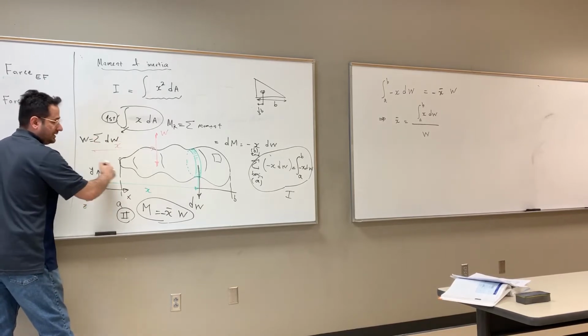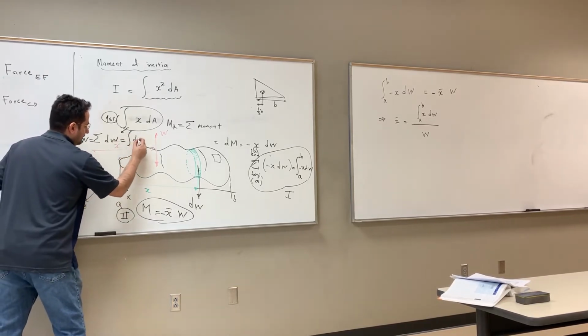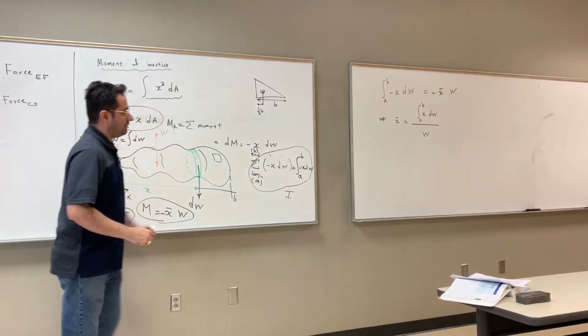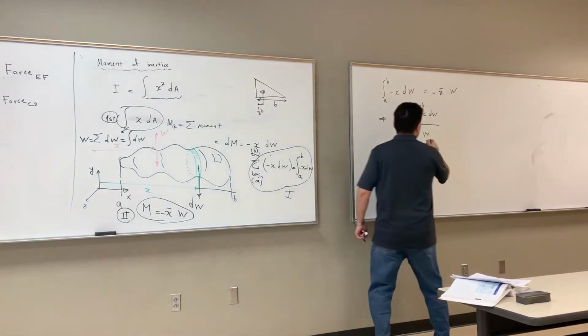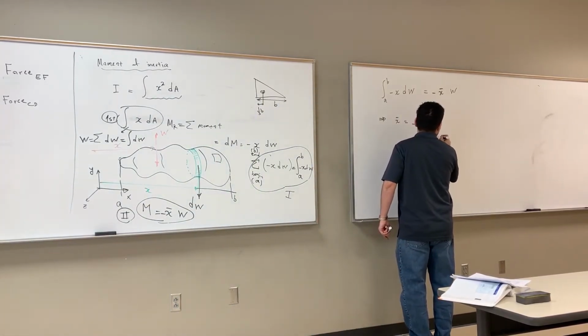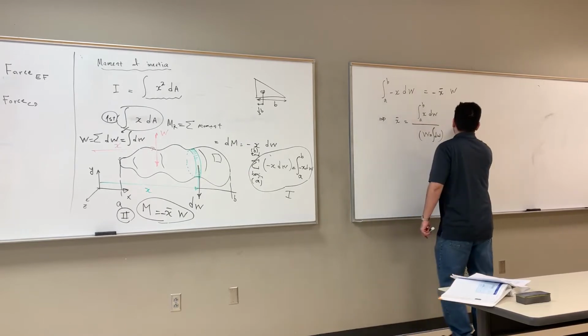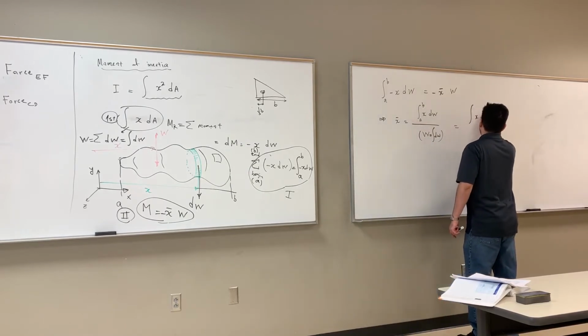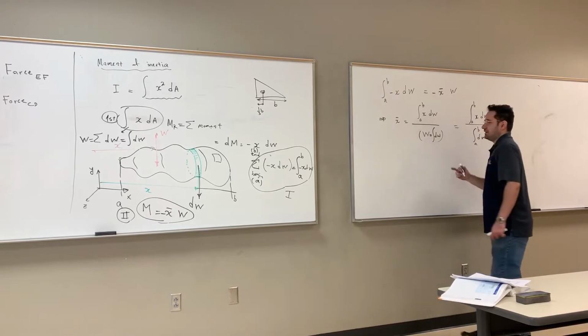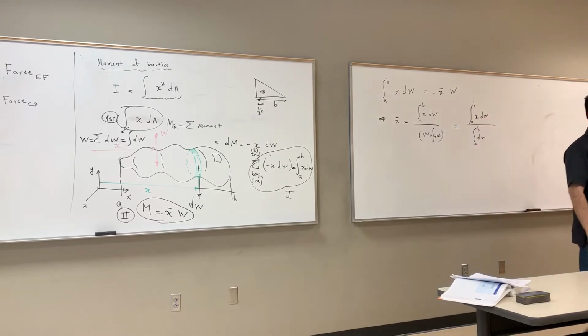And if you go to the limit, this becomes the integral of dW. So instead of weight, I can put the integral of dW. So in fact, the formula is the integral of x dW over the integral of dW, from A to B. That's the formula for the center of gravity, or center of mass.